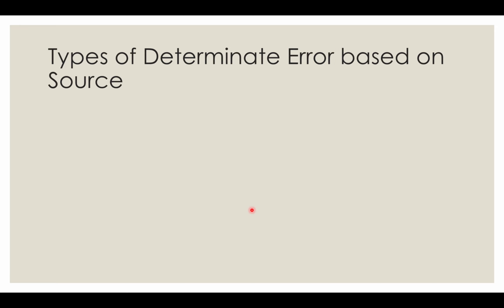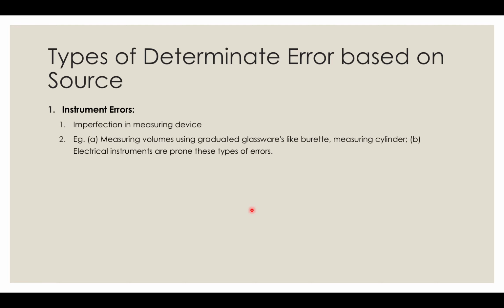Now, types of determinate error on the basis of source. This we just looked at in the classification. The first type of error based on the source is the instrument error. Instrument error, as you can see, is a result of certain imperfections in the measuring device.